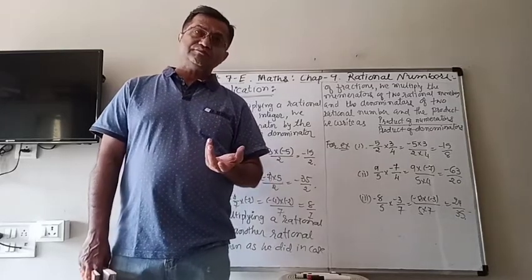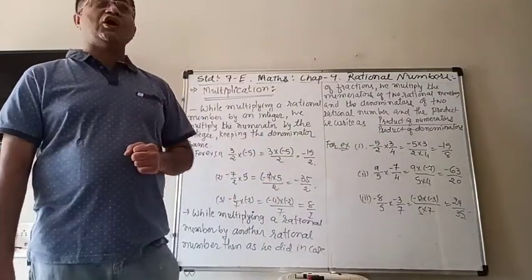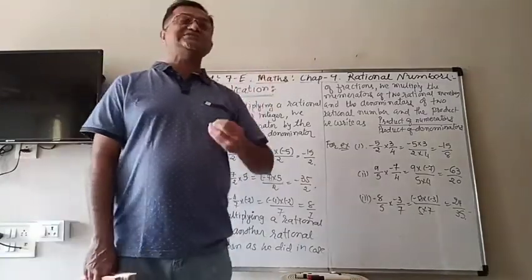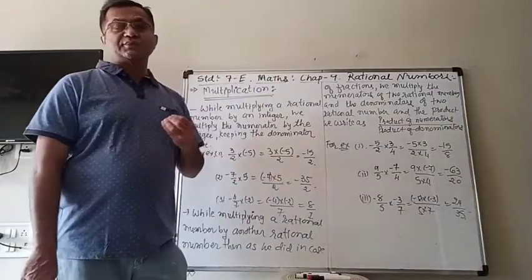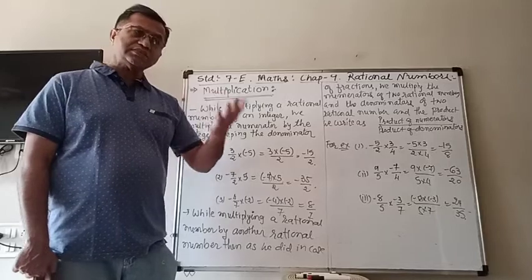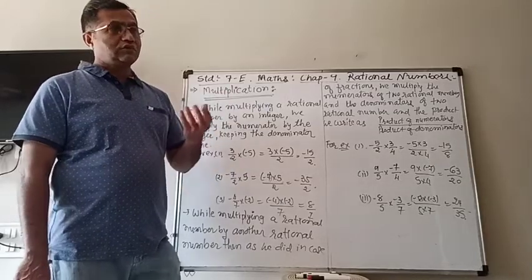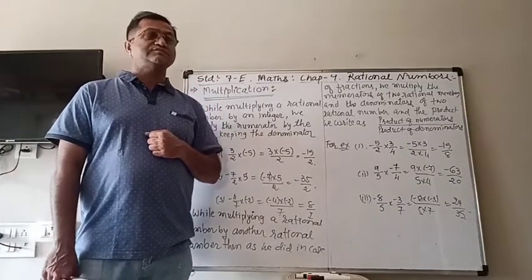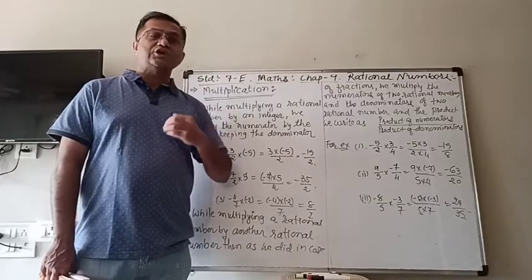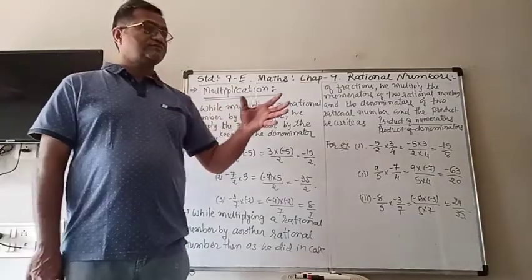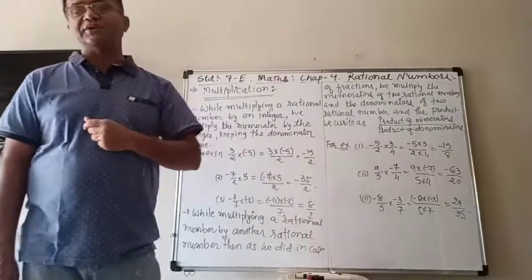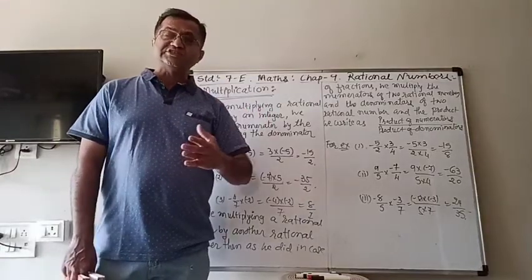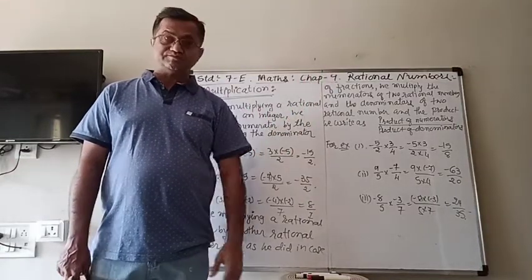And when the denominators were not equal, we find the LCM of the denominators of the given rational numbers, and then we find the equivalent rational numbers of both, such that they have the denominator as the LCM of the two denominators, and then we add the rational numbers. Similarly, in subtraction also we did the same thing.